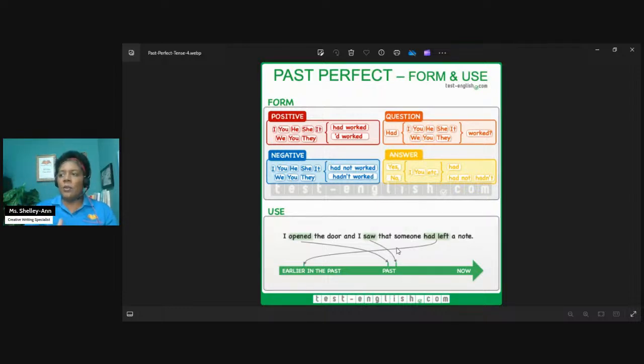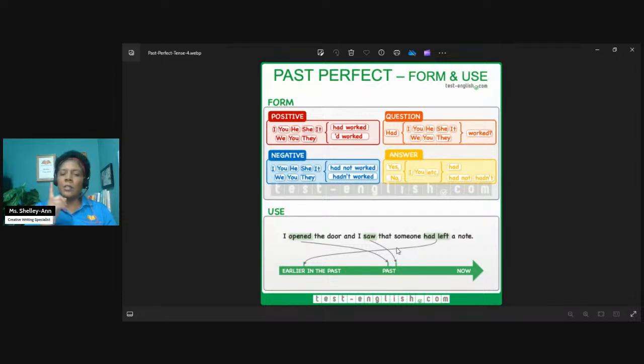I opened the door and I saw that someone had left a note. So if we want to put that in the report sense, you can say something like, I entered the classroom and noticed... I guess what would we say?